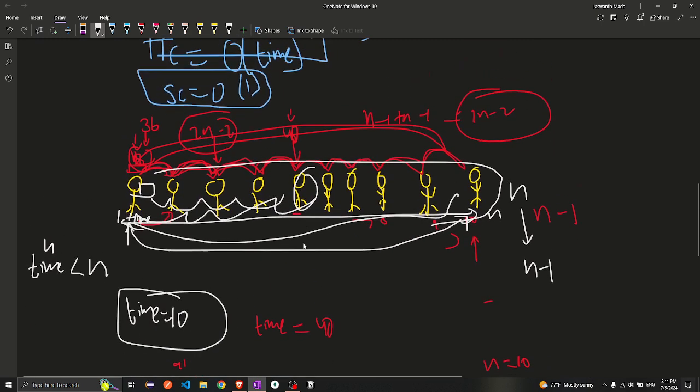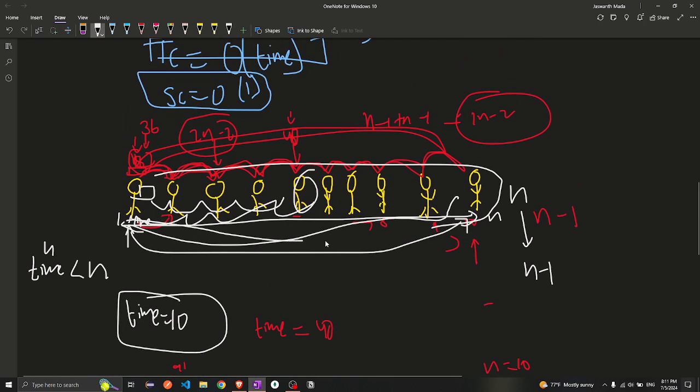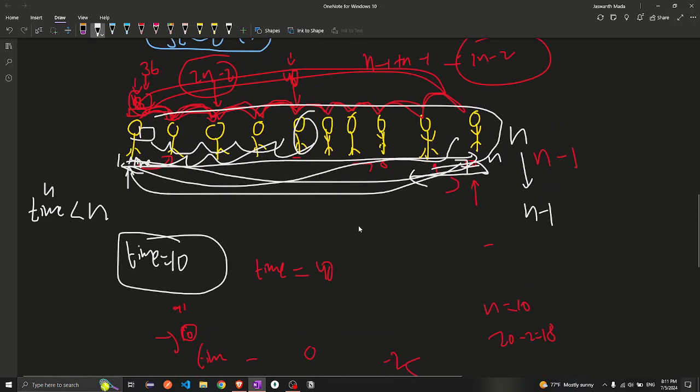And if the time is greater than n, that means I'll go to the end and I'll again start to come back. So I'll reduce n minus 1 from my time.